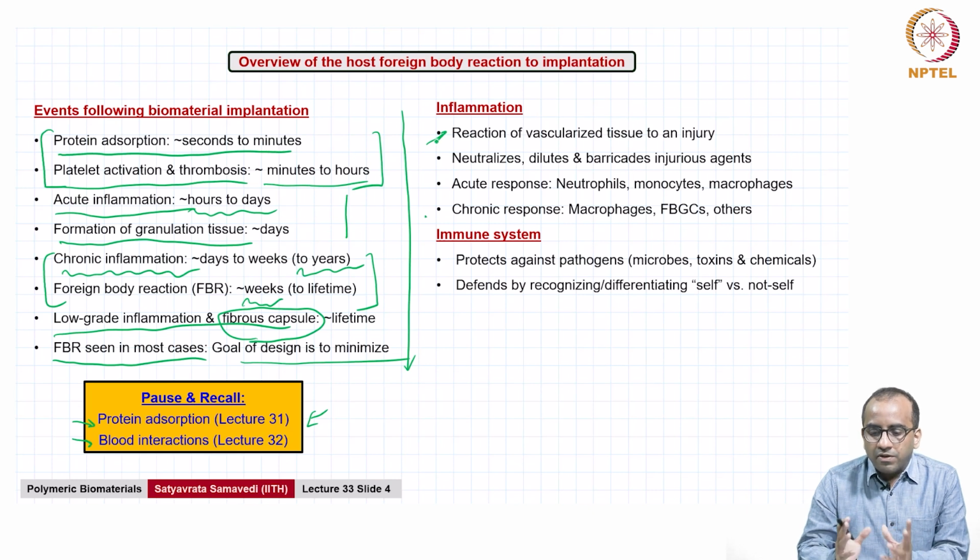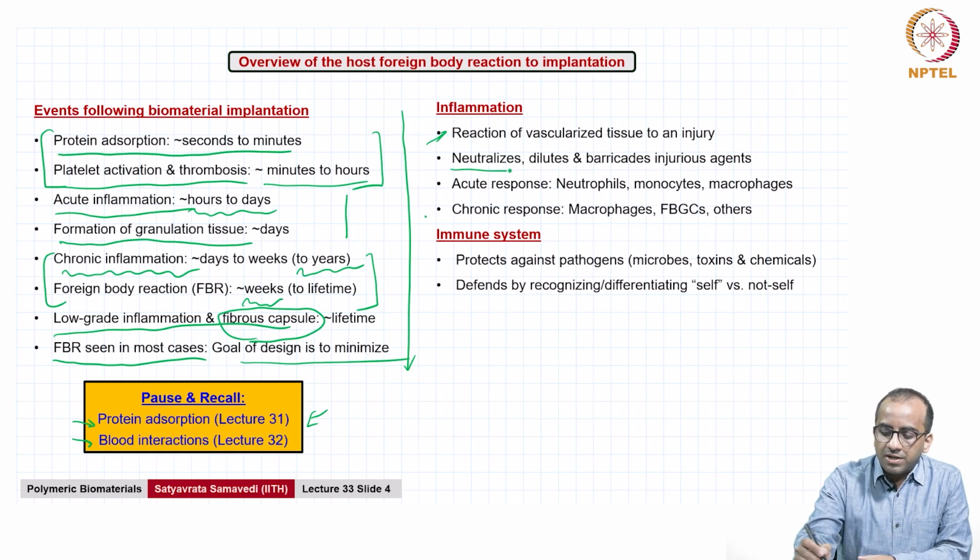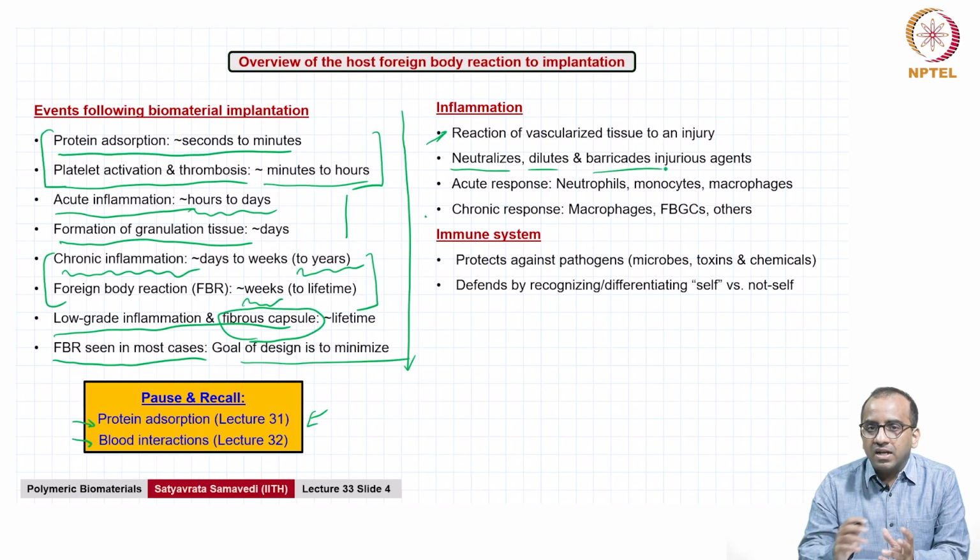The role of inflammation is primarily to neutralize, dilute, and barricade any injurious agents. These agents need not just be the biomaterial itself. It could also be potential infections, any pathogens that come and invade. So all of these are usually taken care of because of the process of inflammation that starts.